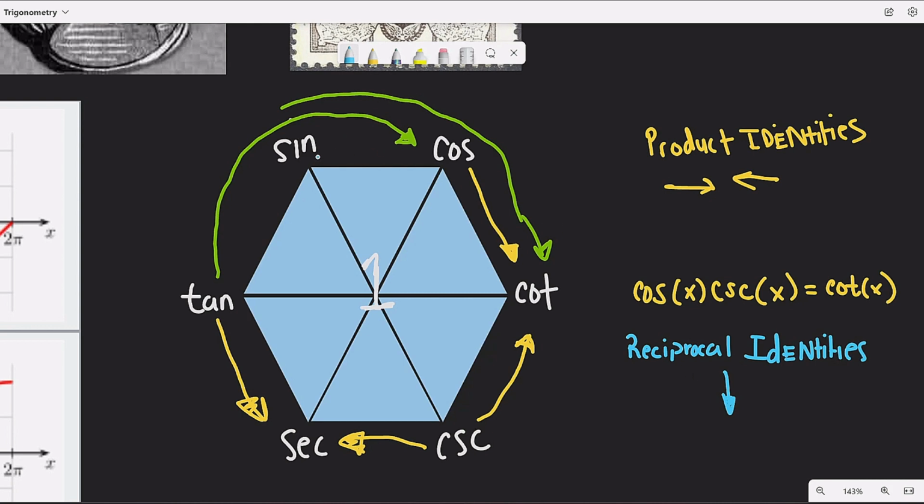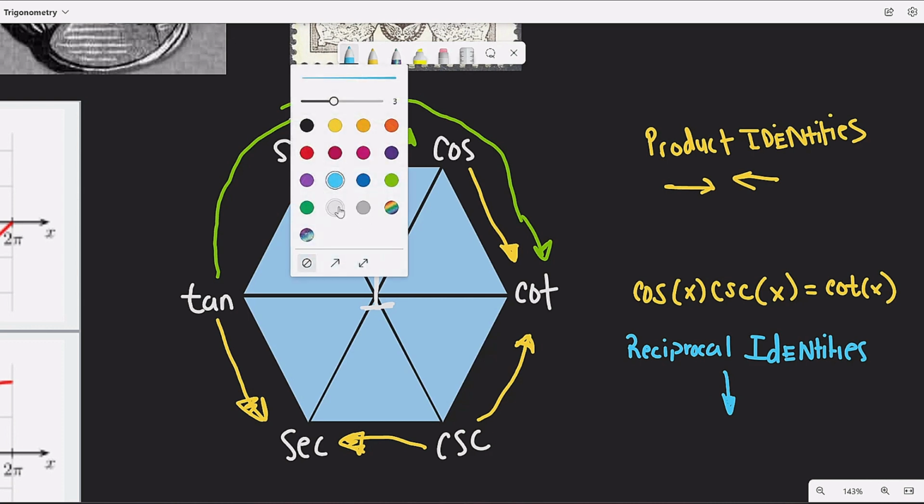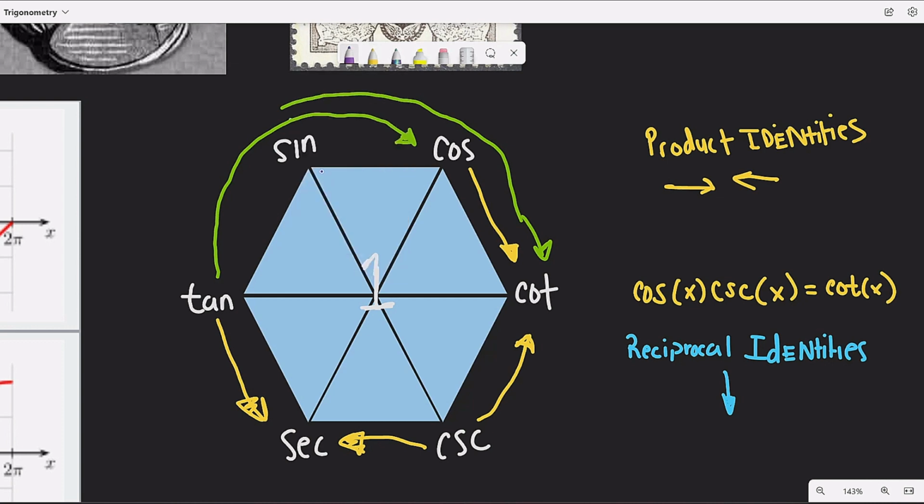So the reciprocal of sine of x. Shoot, you're not going to be able to see the blue with the blue background, are you? Purple. The reciprocal of sine of x is 1, because we went through the 1, over cosecant of x.